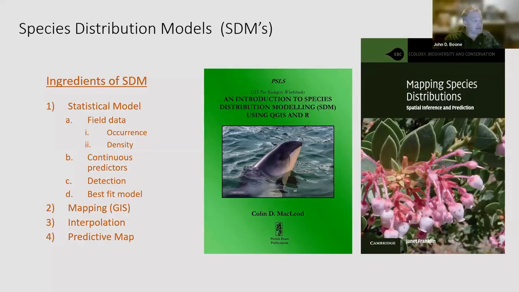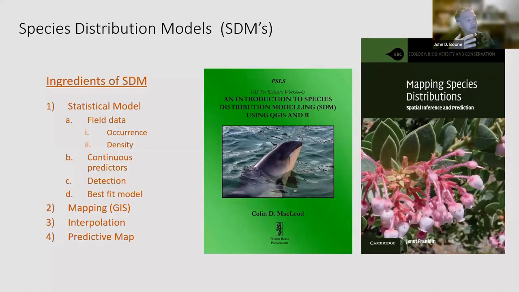distributions over space. And breaking that down in a little more detail, the components of species distribution models start with that statistical model that we talked about. Now, there are many, many different varieties of these. But what they all have in common is that a core component of these models is actual field data from dog counting or cat counting or counting of whatever species we're interested in.